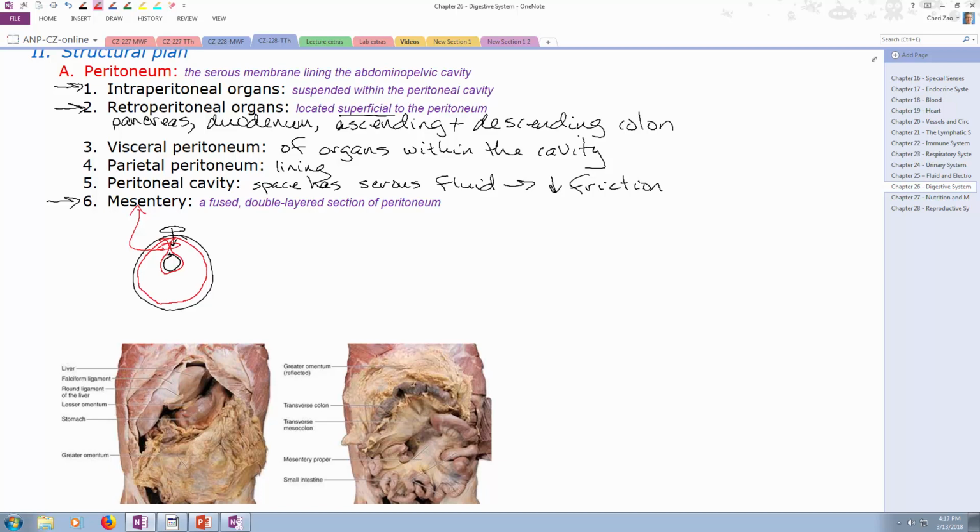Okay. So this is important because this mesentery is going to hold organs in place and obviously is going to contain blood vessels, nerves, and lymphatics going to the organs.